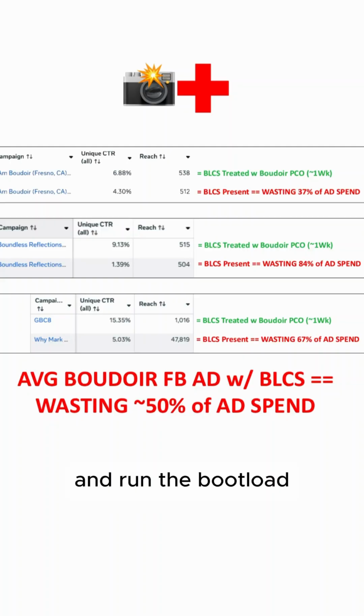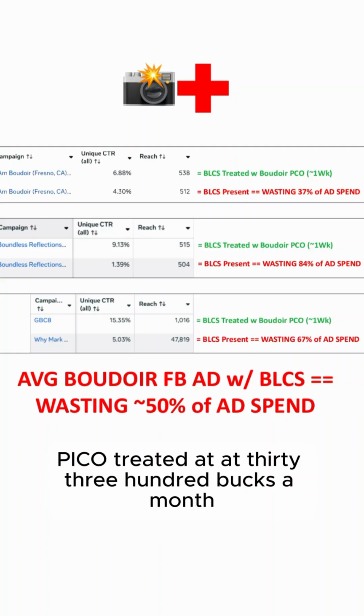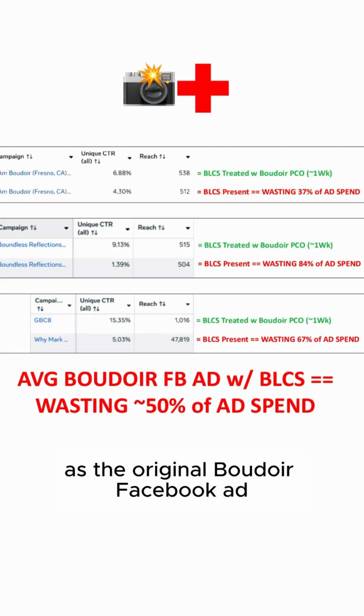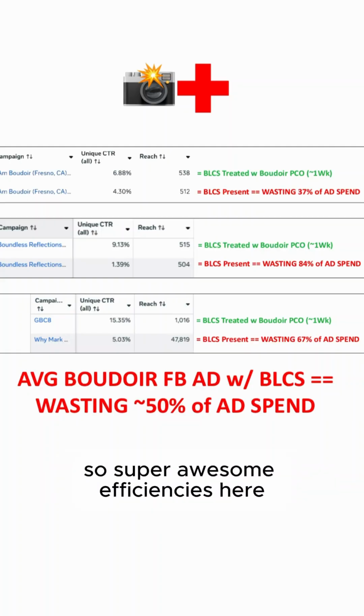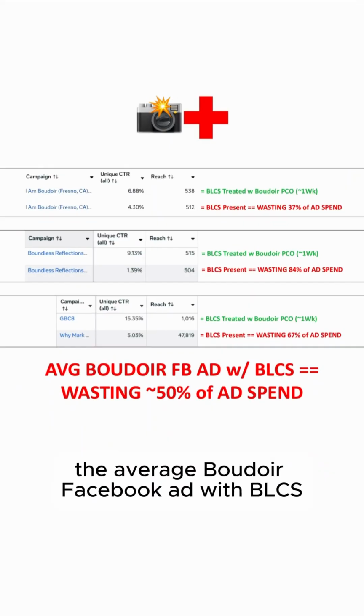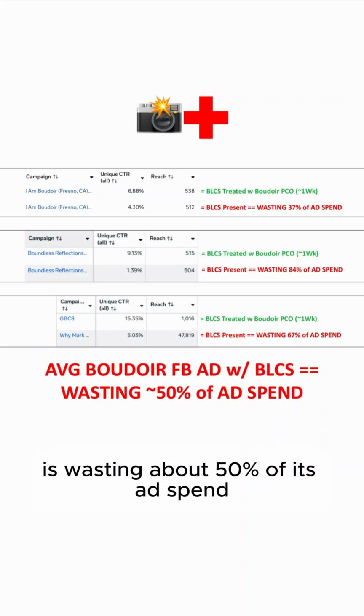And run the Boudoir Pico treated ad at 3,300 bucks a month, get our ad into the same number of women's brains as the original Boudoir Facebook ad running at 10 grand a month. So super awesome efficiencies here. From what I've seen, the average Boudoir Facebook ad with BLCS is wasting about 50% of its ad spend.